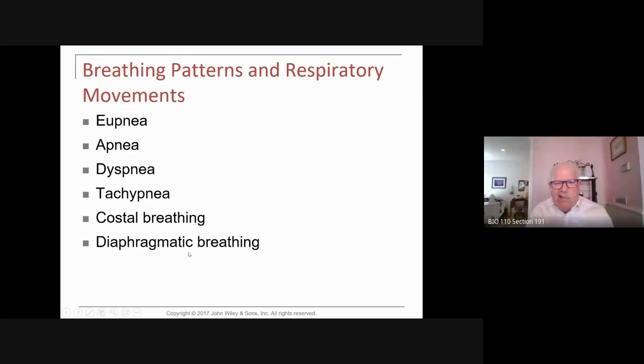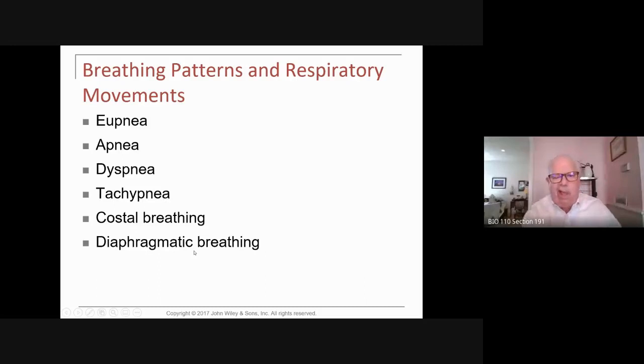We know that the diaphragm is controlled by C5. There's a nerve that comes out of the cervical plexus at C5, and that C5 nerve is the phrenic nerve, and the phrenic nerve controls breathing.